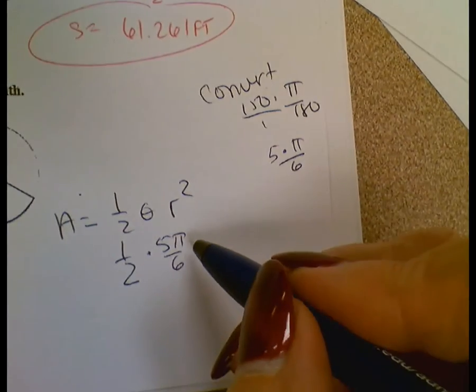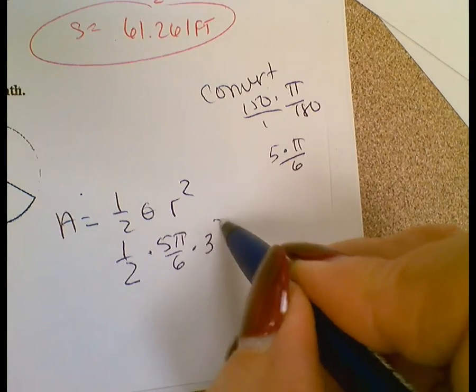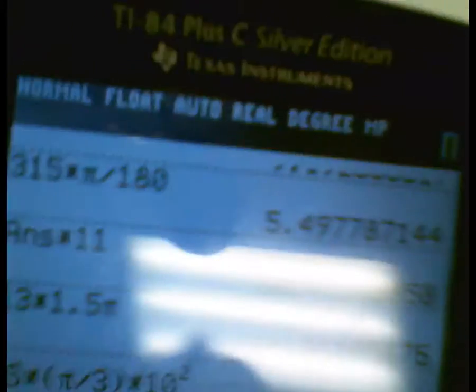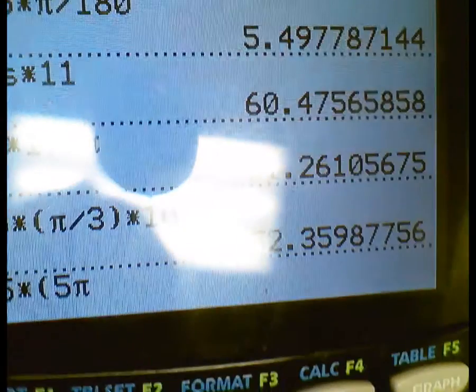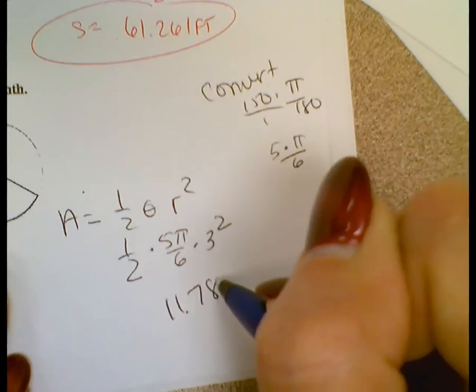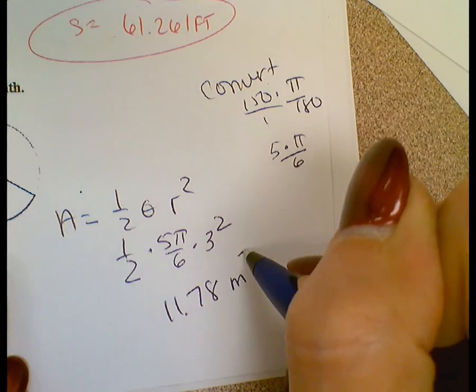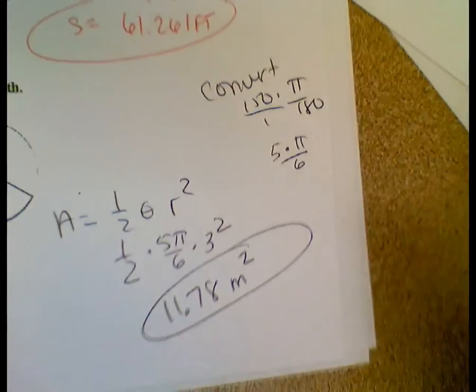And the radius is 3. And you just punch it in your calculator. So you got 0.5 times 5 pi divided by 6 times 9 is 11.78 meters squared. There's your notes.